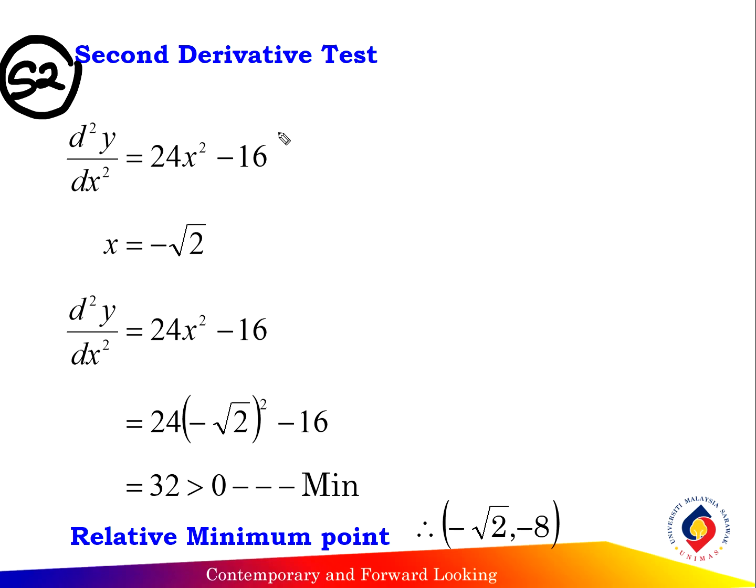The second derivative equals 24x squared minus 16. And the first value of x equals negative root 2. So you substitute into the second derivative, and the answer equals 32, or greater than 0. So the sign is positive.